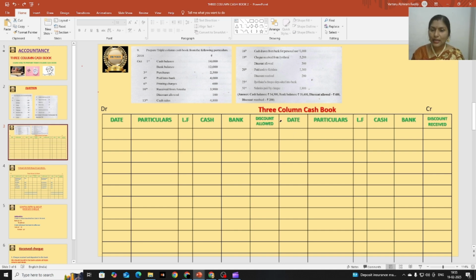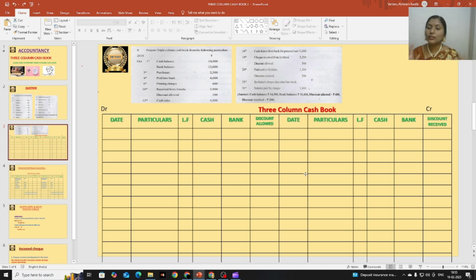After this, the same columns are repeated from date till the last one, but this is the credit side: date, particulars, LF, cash, bank, discount received. On the top, on the left side we write DR, debit, and on the right side CR, credit. This is the format for preparation of the 3-column cash book.